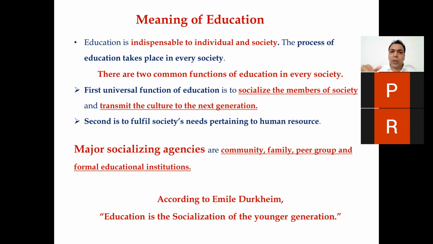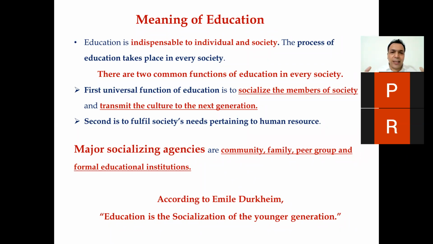So in a family, the family is also socializing the child. Family is also making the child cultured and civilized. And another is the peer group, and formal educational institutions, schools and colleges. So guys, here you have to remember, besides schools and colleges, there are some other social institutions which socialize the child.